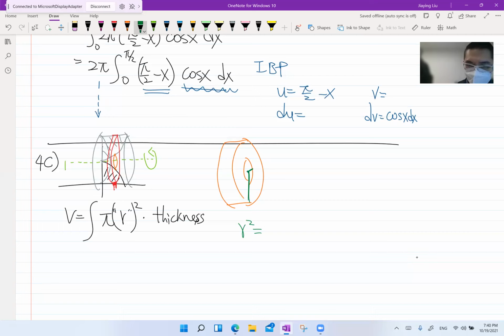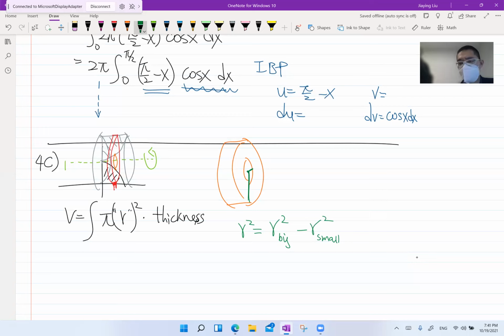So radius squared in terms of a washer is the big radius squared minus the small radius squared, because we remove a volume in the middle. You can think of it as the big circle area minus the small circle area. If you take out the pi, you end up with the difference of the squares of the two radii. I hope that didn't confuse you more. I apologize if it did.